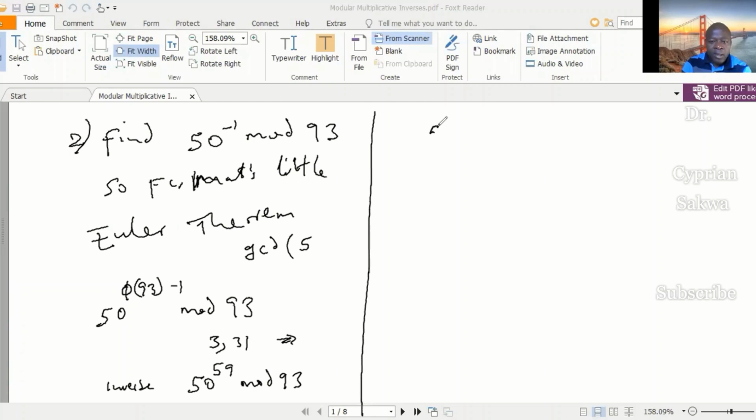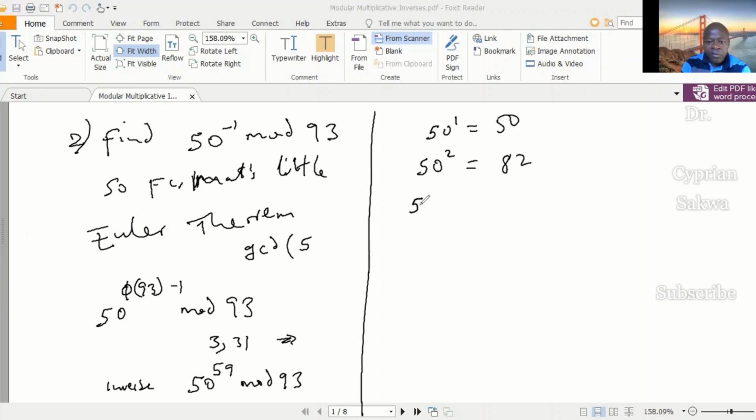As we did earlier, 50 raised to 1 is just 50, remember it's mod 93. What about 50 raised to 2? It will be 50 times 50, which is 2500, and mod 93 that will give me 82.